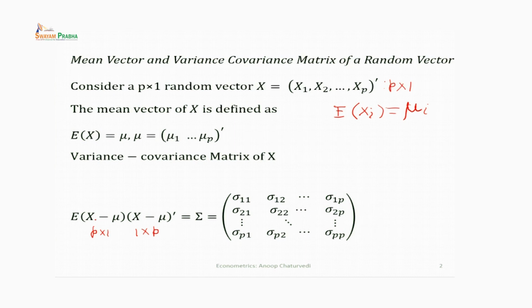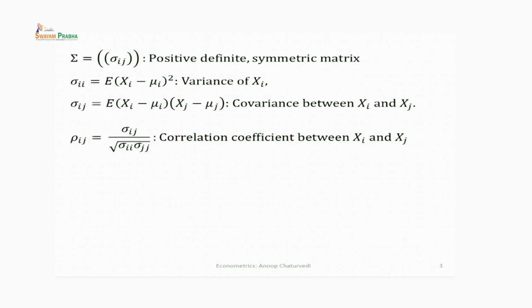So, ultimately (x minus mu)(x minus mu) transpose is a matrix of order p cross p. Suppose we denote the expectation of (x minus mu)(x minus mu) transpose by sigma, and we write sigma equal to the matrix with entries sigma 1 1, sigma 1 2, and so on up to sigma 1 p, and so on to sigma p 1, sigma p 2, up to sigma p p. So, this is a p cross p matrix. Here capital sigma has ijth element small sigma ij, where for i equal to j, sigma ii is equal to expectation of (xi minus mu i) square.